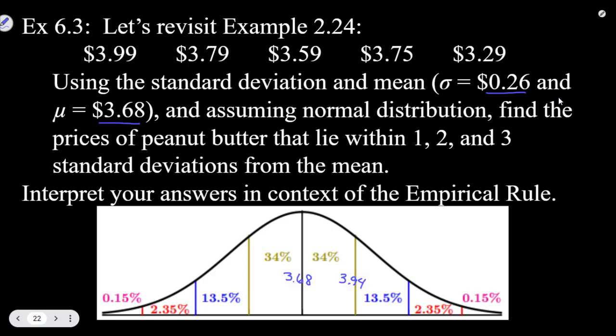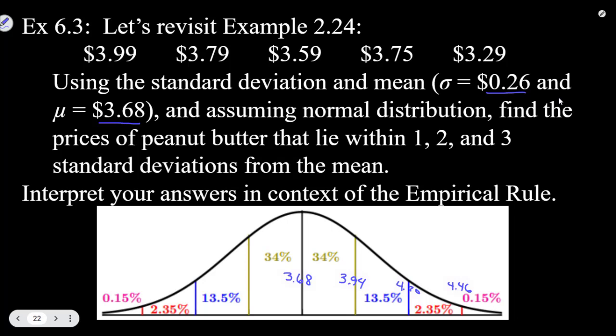Then if we add 0.26 again to get to 2 standard deviations, we're going to get $4.20. And then if we add the 26 cents again to get to 3 standard deviations above, we're going to have $4.46. So that's the standard deviation markings above the mean.